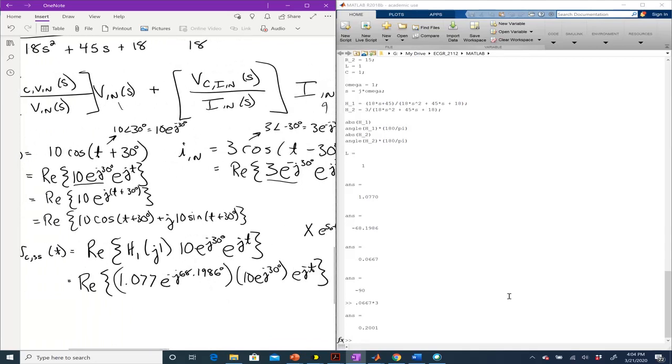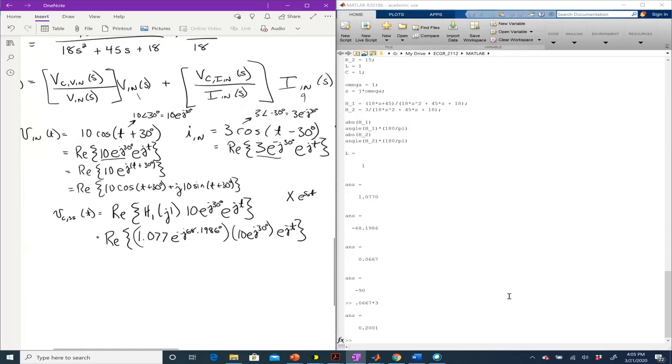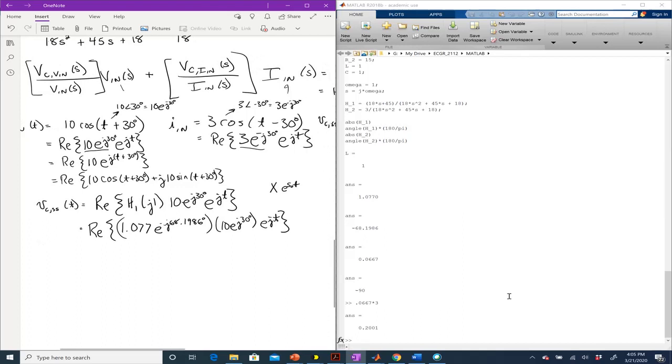If I'm looking at the component of the output that comes from the voltage source, it's the real part of 1.077 times 10. If I do that, that should become 10.77.